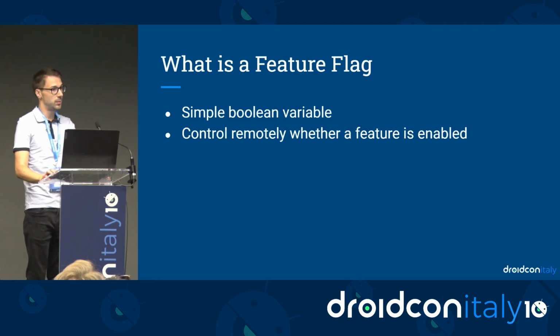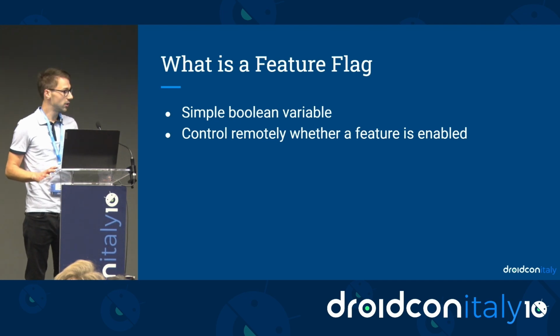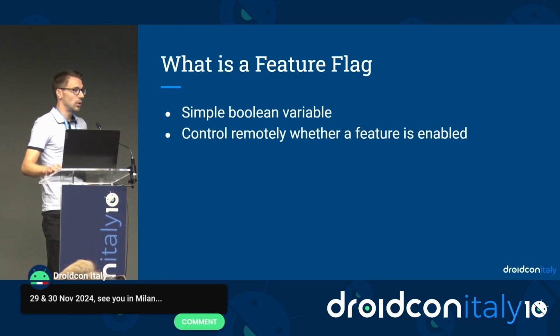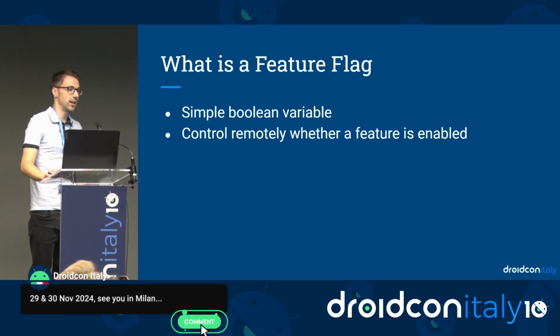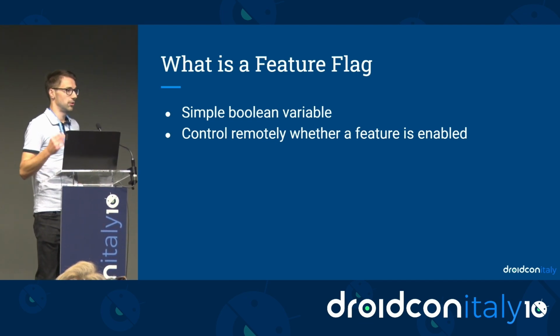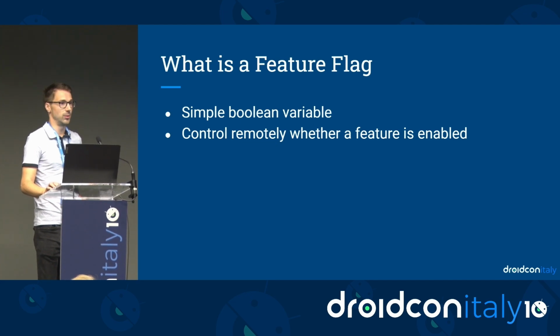That can either be via server, some service or something else, and basically it enables you to enable or disable a feature in your app. So instead of having to rebuild the app and release it to get the feature out to users, you basically can just turn on a switch and the users have the feature enabled.